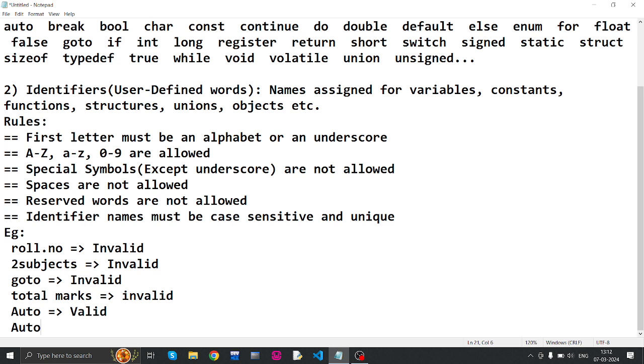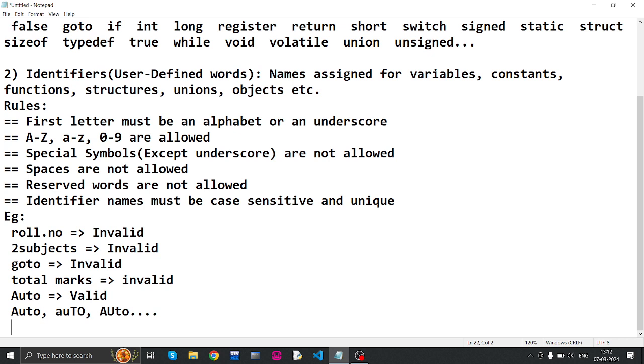Also, as I said, all are different names here. Even a single underscore is a valid identifier, double underscore, triple underscore, these are all valid.